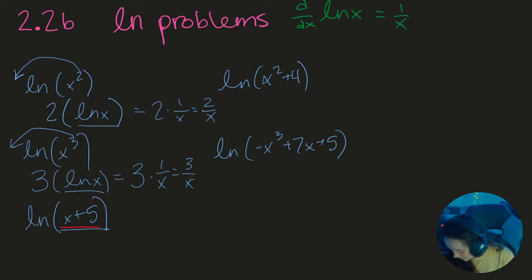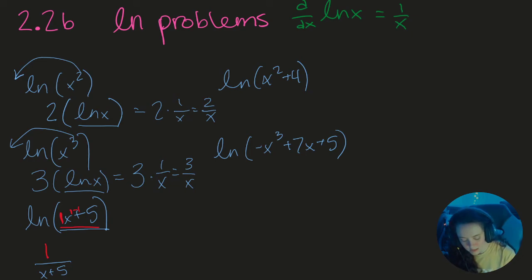So your x, which is going to go on the bottom, is x plus 5. The derivative of x plus 5, remember there is an understood 1 here and here. 1 times 1 is just 1, and our exponent and our variable would drop away. And so would our whole number. So we would just be left with 1 over x plus 5. And that's the end of that one.